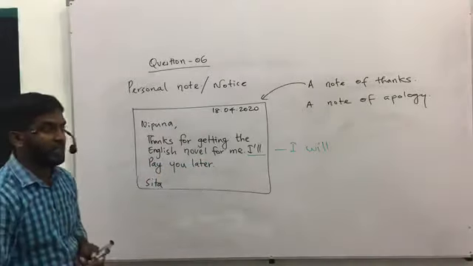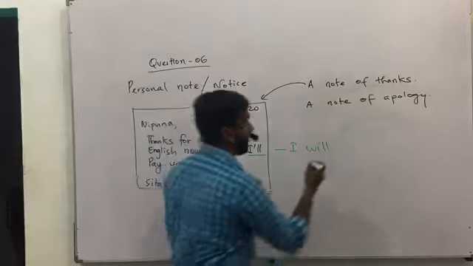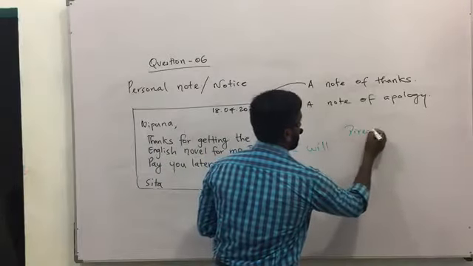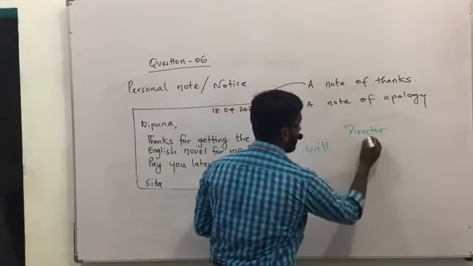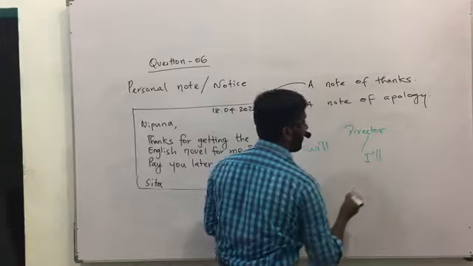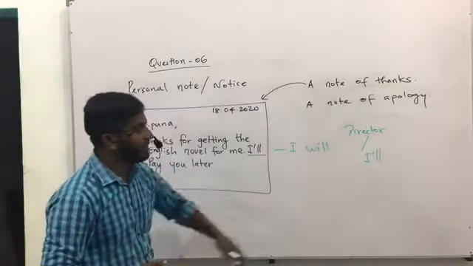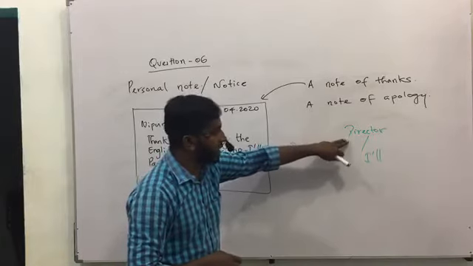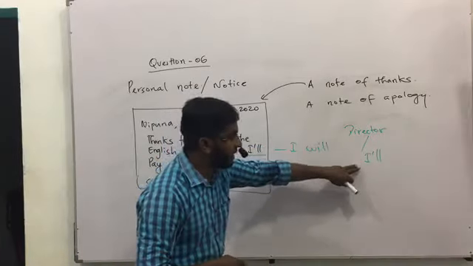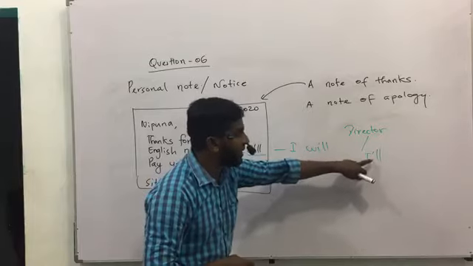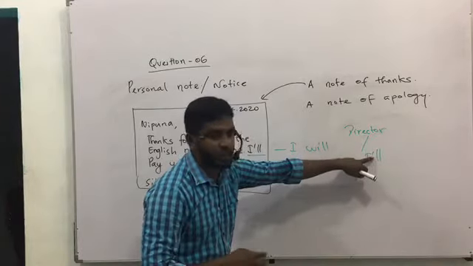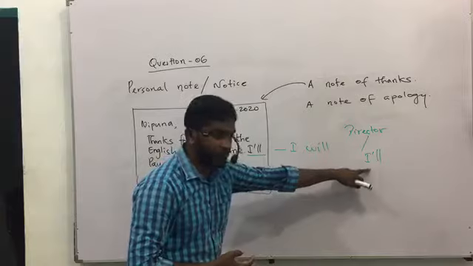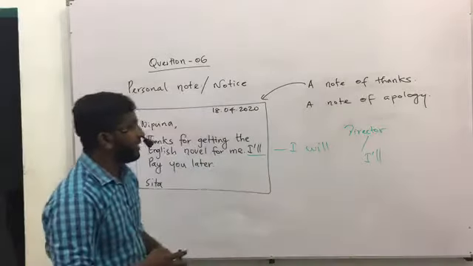So if you are writing a letter, for an example, to a director, you can't write this contracted form, because this is a formal letter. But here, this is the contracted form. Here I have used the apostrophe to contract these 2 words into one word.